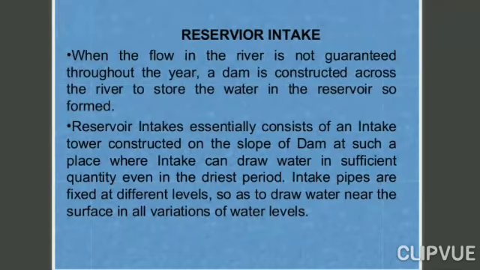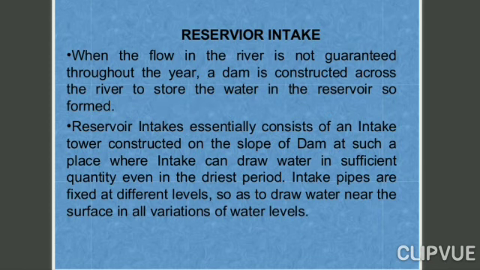The next one is the reservoir intake. When the flow in the river is not guaranteed throughout the year, a dam is constructed across the river to store the water in the reservoir.